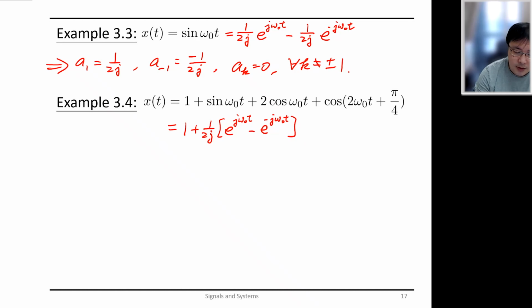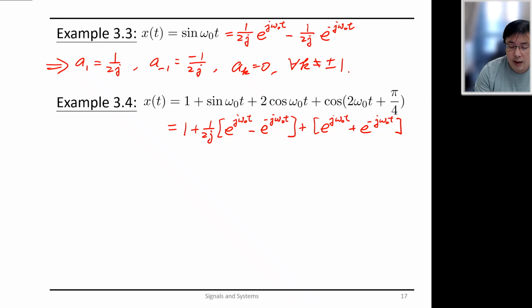For the term 2 cosine omega naught t, we can write it as e to the j omega naught t plus e to the minus j omega naught t.